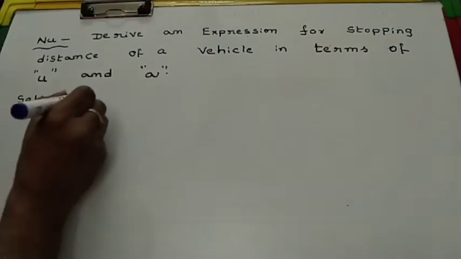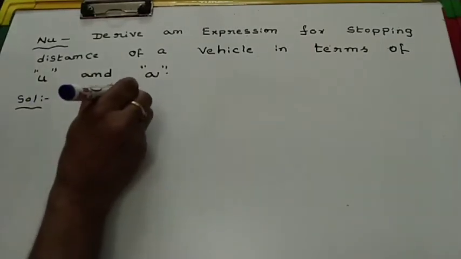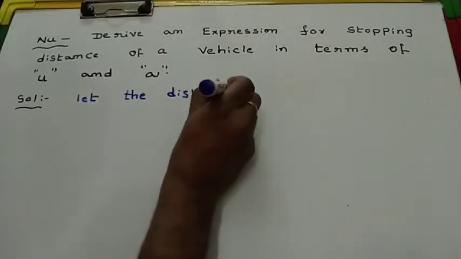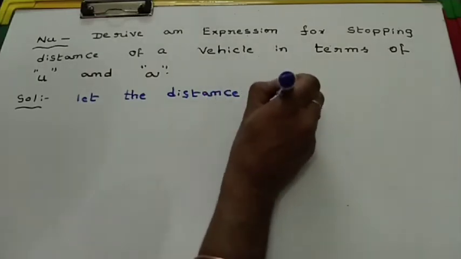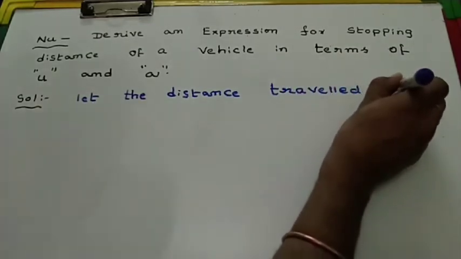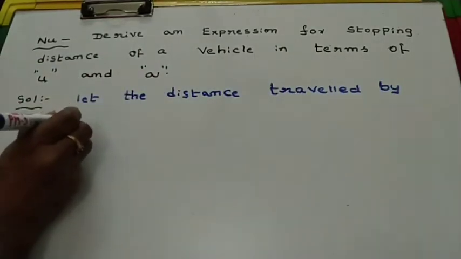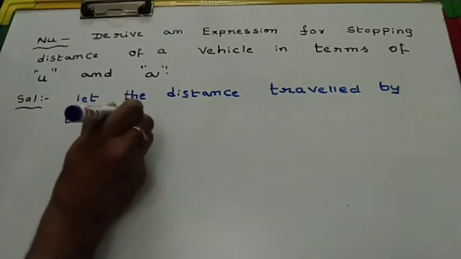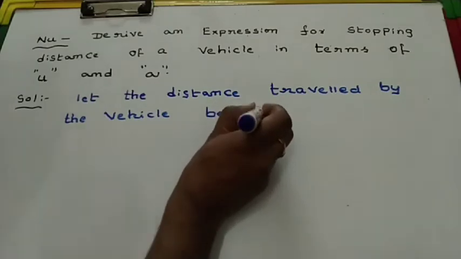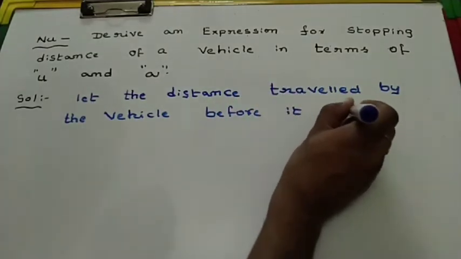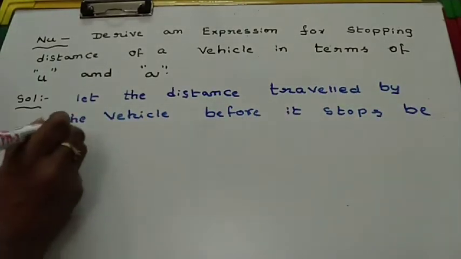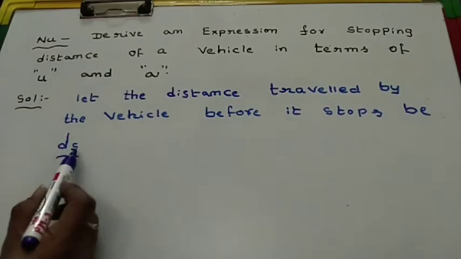Now go for the solution. Let the distance traveled by the vehicle before it stops be ds. ds means stopping distance.